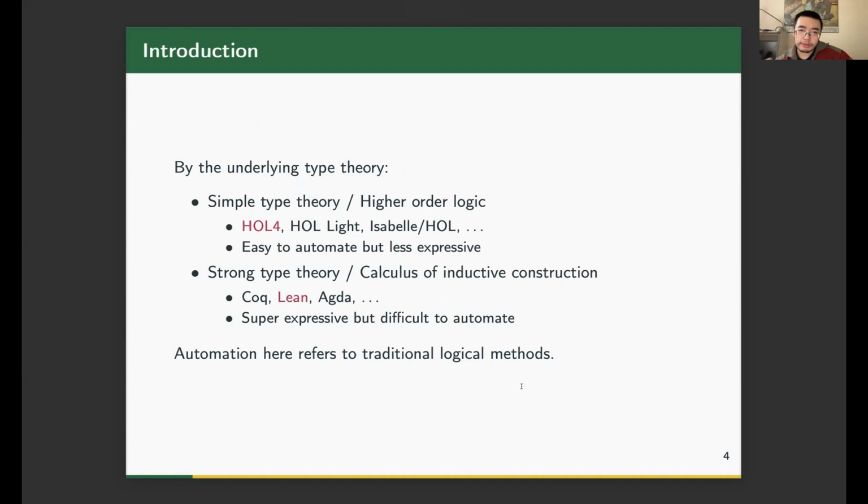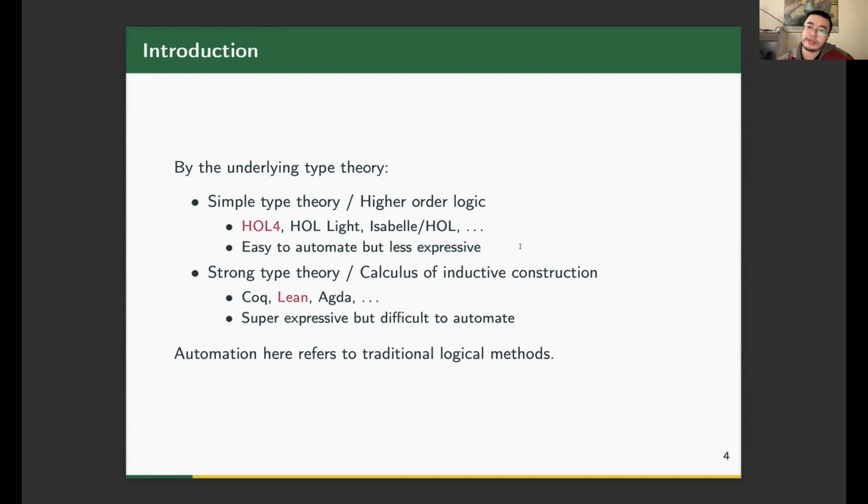Okay, so we can also classify the interactive theorem proving by the underlying type theory. There's one sort of them that uses simple type theory or higher order logic. These theorem provers are HOL4, HOL Light, Isabelle, and the characteristic of this kind of interactive theorem proving engine is that theorems are easy to automate, but they are less expressive.